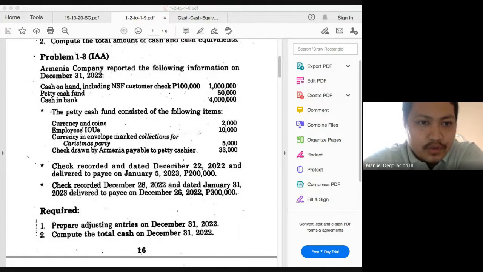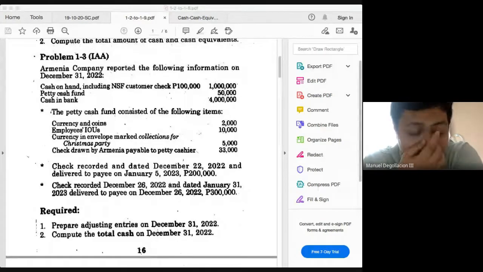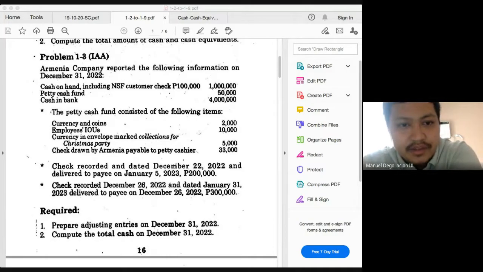Okay. So first, the same theme. We're given a listing. We are just going to identify whether they will be included in our cash account. And next is for us to determine whether the amounts appearing in our records are already the updated or the correct amounts.